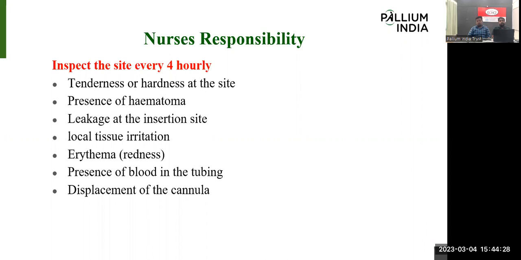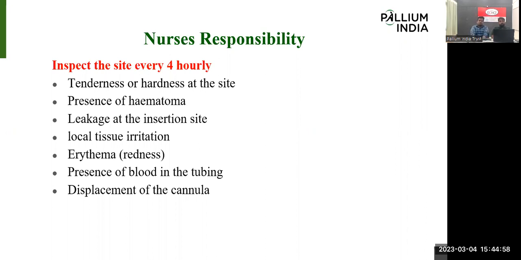We need to check if there is any tenderness or hardness. Then check whether any hematoma is present. Then at the insertion site, poor absorption will lead to leakage, so we need to check for leakage. If we don't check for leakage, the medicines we administer will leak out, and an adequate dose of medicine or infusion will not reach the patient.